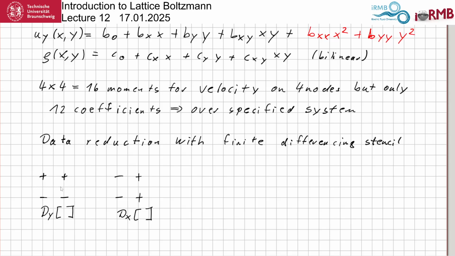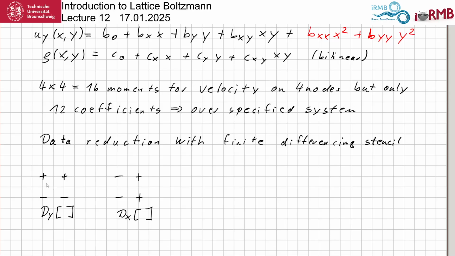This interpolation afterwards has some low pass characteristic. So you do two finite differences, and then you just interpolate their result to the point where you want to have it.